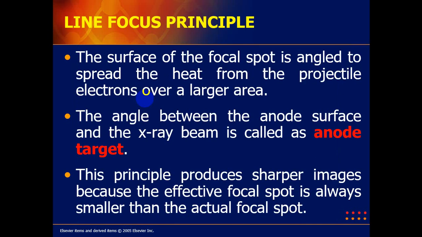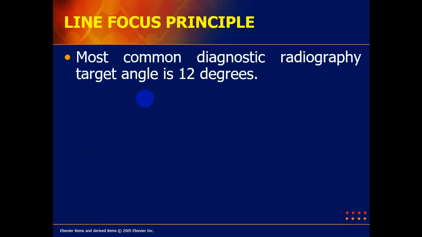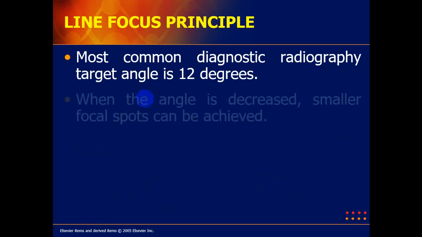So the surface is angled to spread the heat from the projectile electrons over the target or the larger area. The angle between the anode surface and the X-ray beam is called the anode target angle. This principle produces sharper images because the effective focal spot is always smaller than the actual focal spot. The most common diagnostic radiography target angle is 12 degrees.